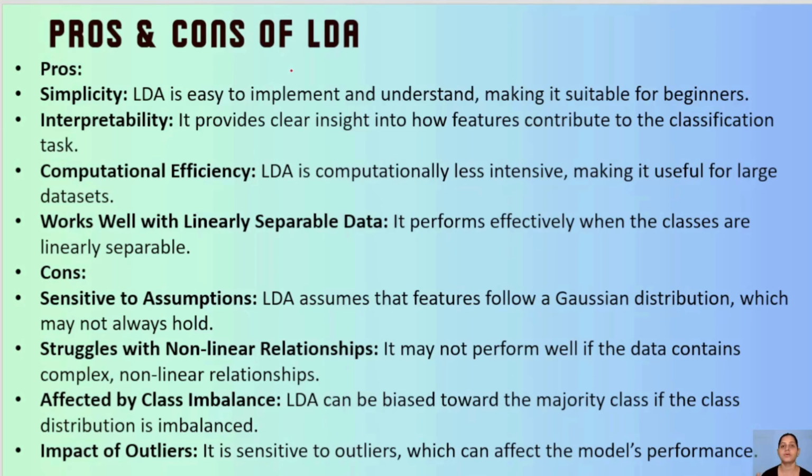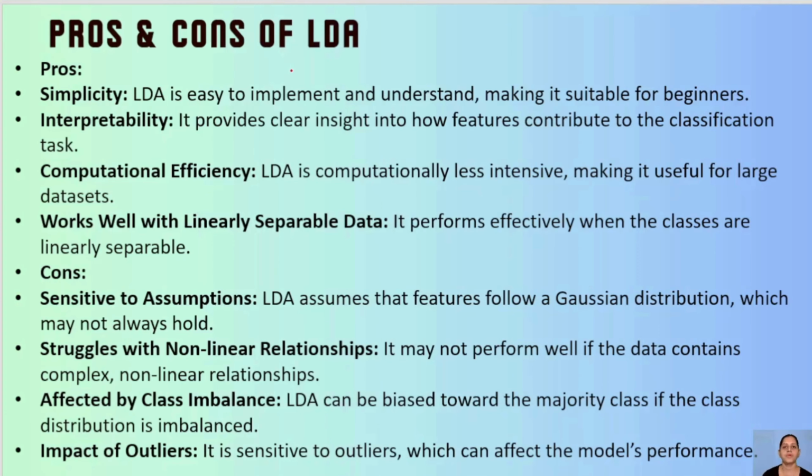In those cases it is going to work well. Then we have a few disadvantages as well. It's sensitive. Whenever we are performing LDA, we assume that all the features follow the Gaussian distribution. That's an assumption, but in a real scenario, we cannot see whether that is happening or not, right? Wherever non-linear relationships between features are there, it is not going to perform well, because the default way of understanding LDA is linear relationships of features.